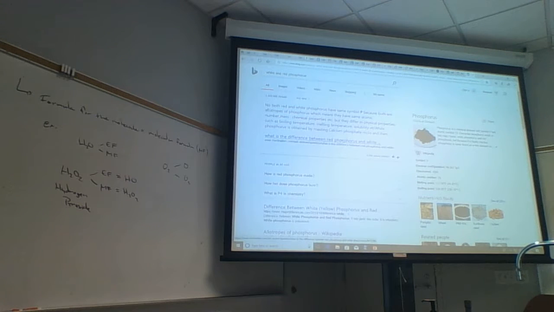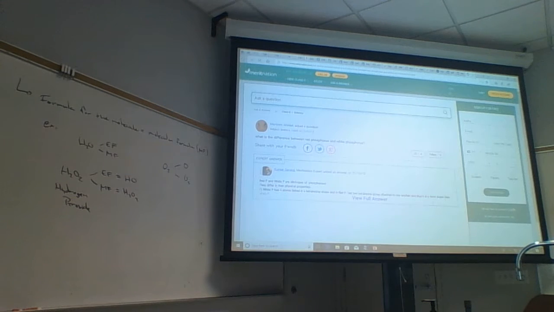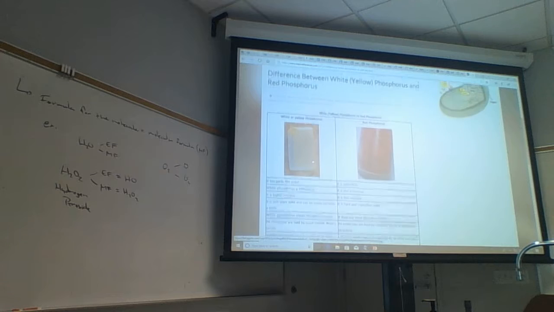It's called allotropes. And so let's take a look at the difference between white phosphorus and red phosphorus.